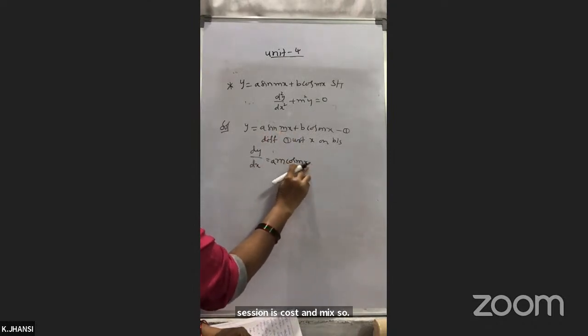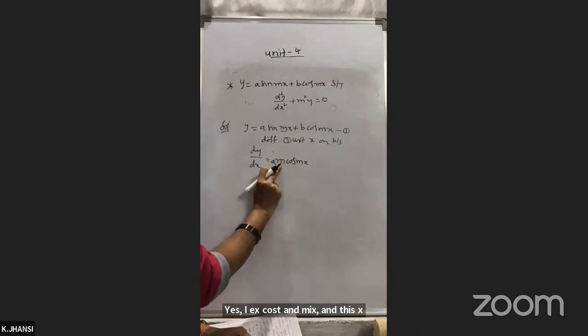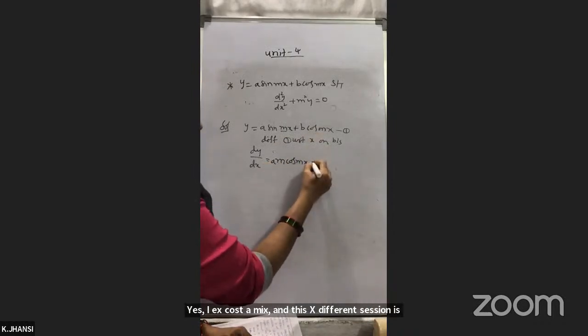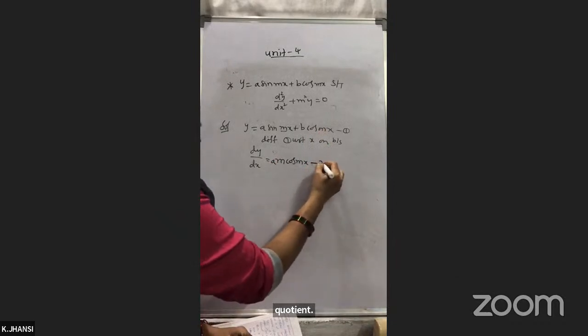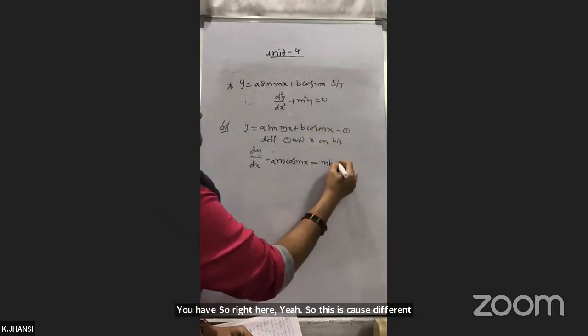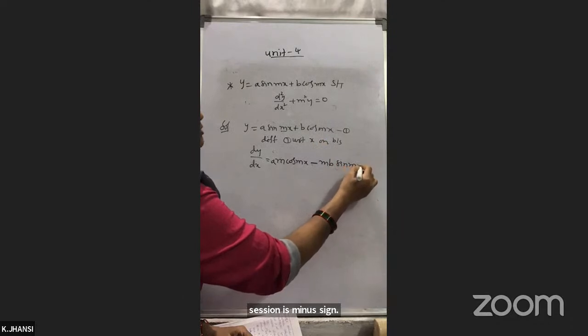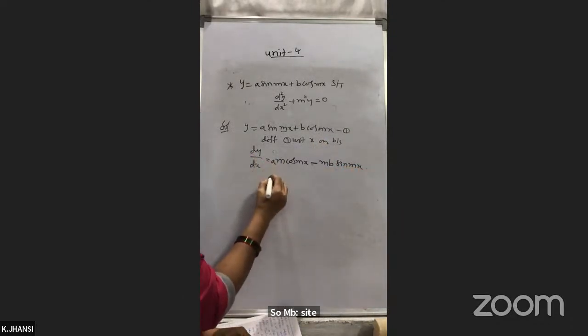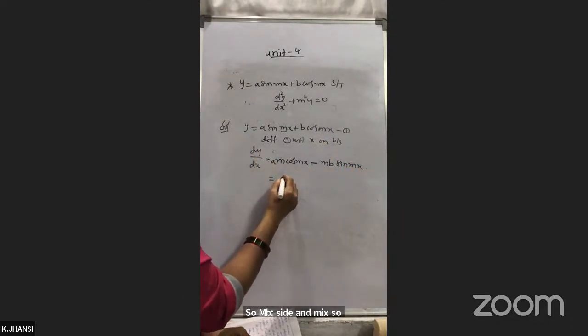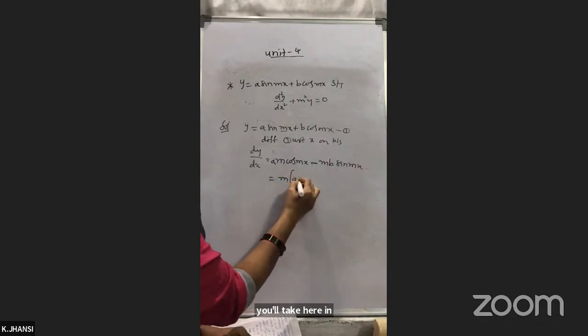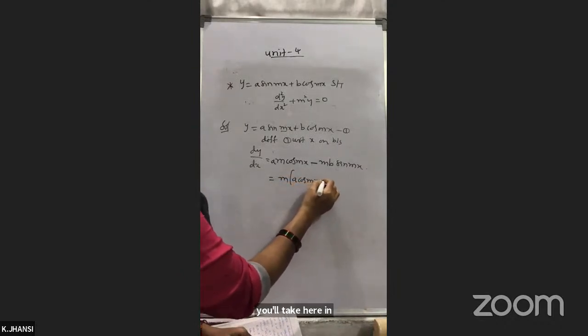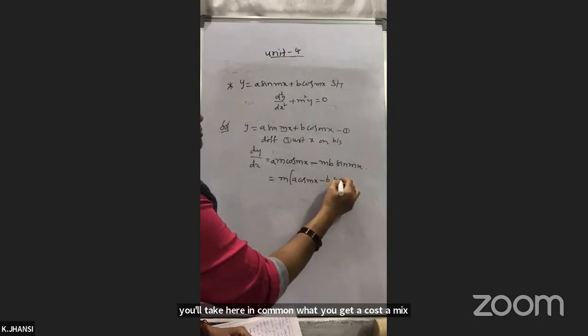And b cos mx differentiation: the coefficient is m, so write m here, and cos differentiation is minus sin. So minus mb sin mx. Okay. So this is the first order. If you take m common, what you'll get: m times a cos mx minus b sin mx.